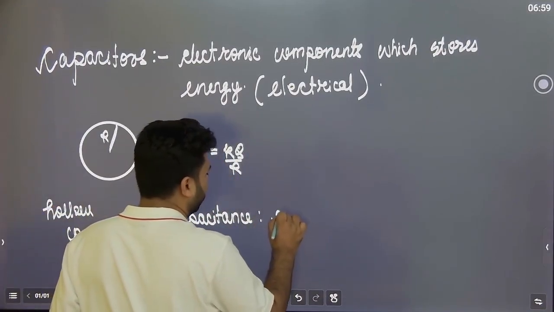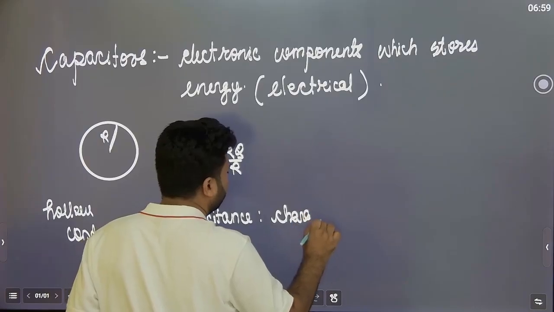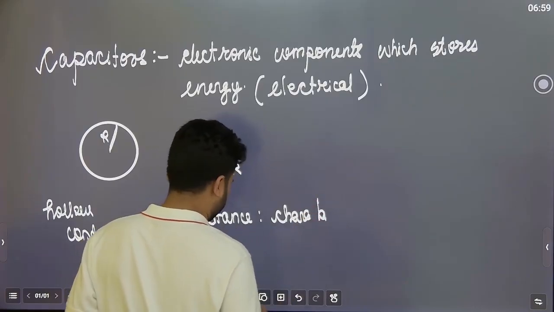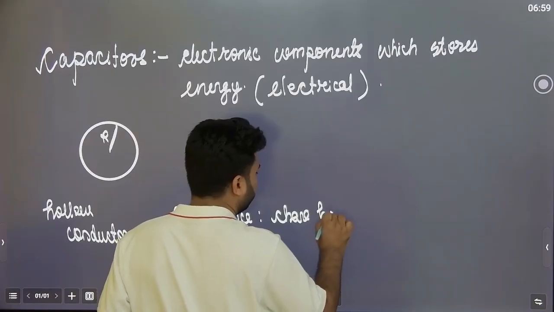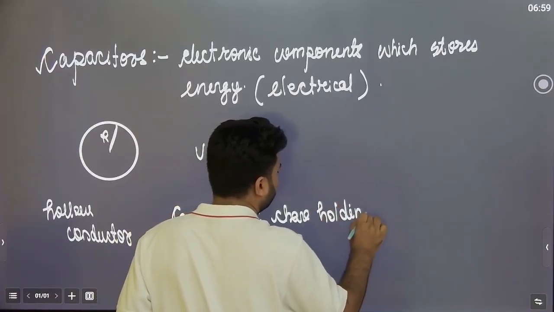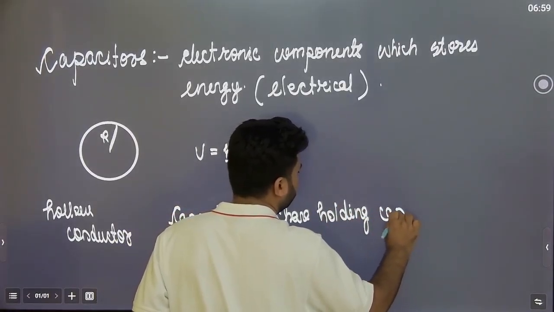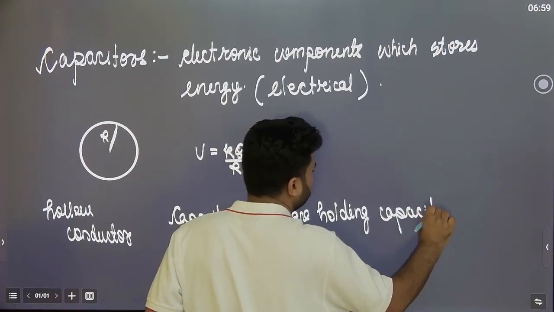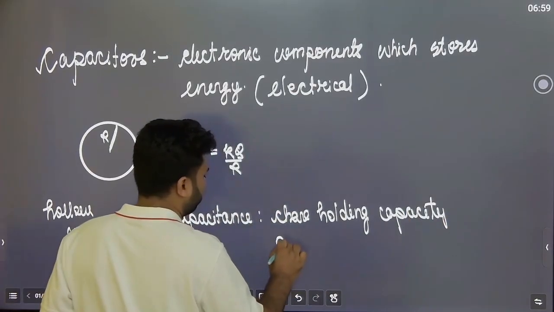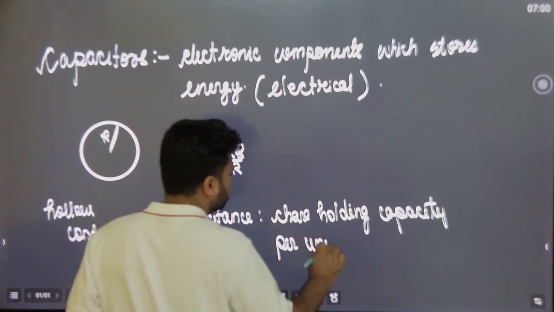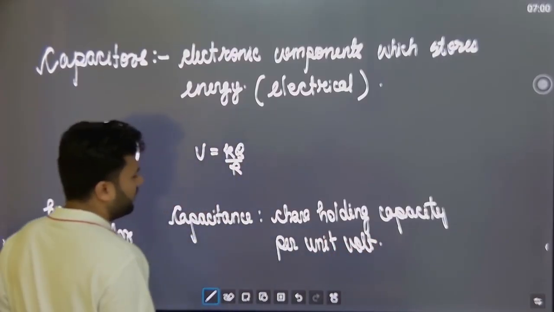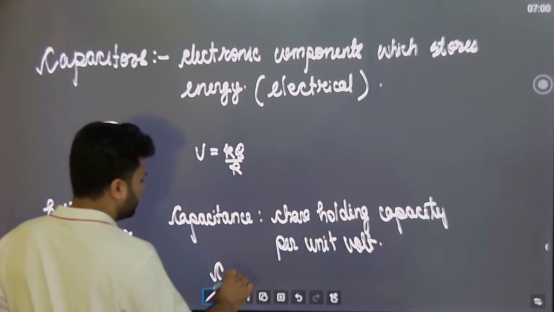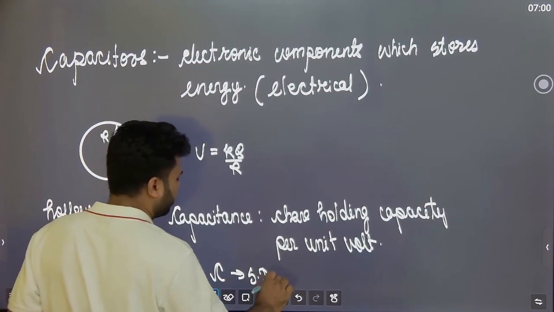So charge holding capacity per unit volt. Okay, we denote it by letter C and its SI unit is farad.